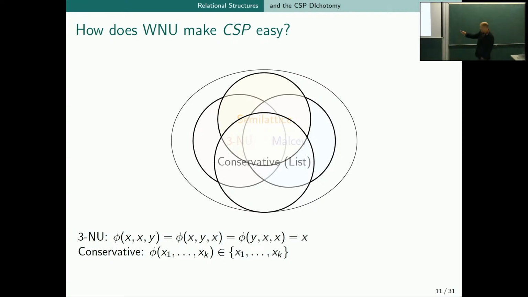So if you have this min ordering of the vertices, list coloring is easy. Yeah, the algorithms get difficult for the different polymorphisms, but it works.